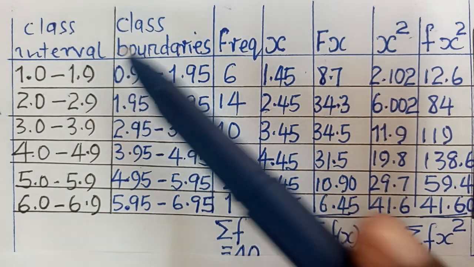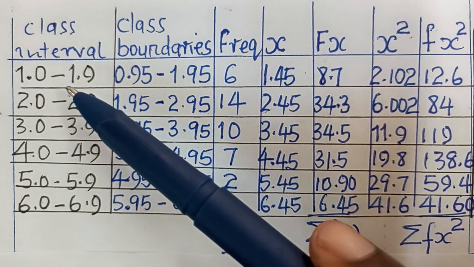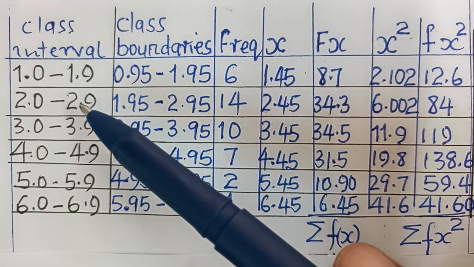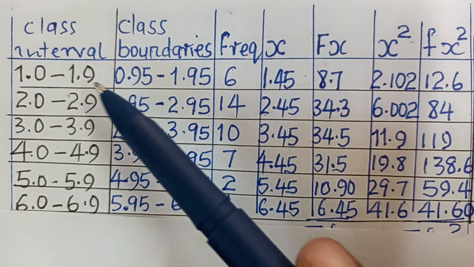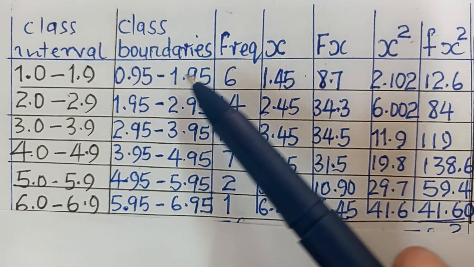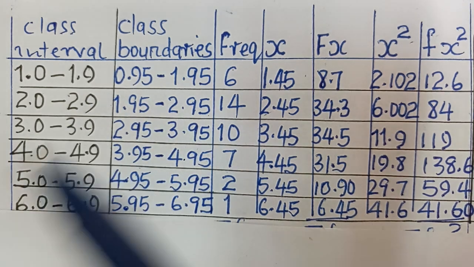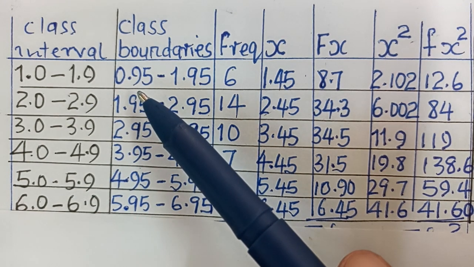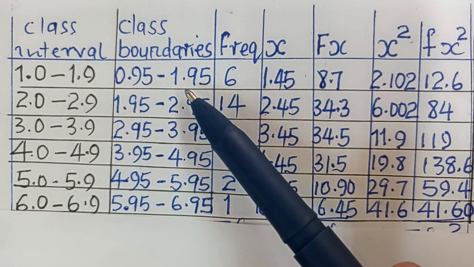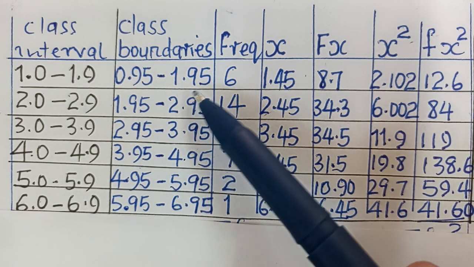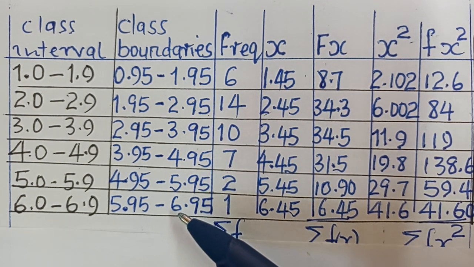From the class intervals, we can develop class boundaries, because as you can see, we have some gaps. Remember, there is a gap between 1.9 and 2.0. So we decide that our lower limit for this class is going to be 0.95, and the upper limit for the same class interval is 1.95. I have done that for all the classes up to this point.